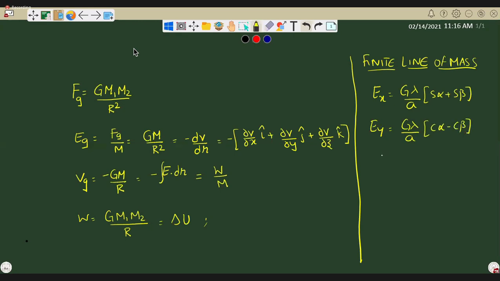Sir, in the book it is given as G lambda by A into cos beta minus cos alpha. That's okay. If you get a minus sign, the initial direction which you have taken is opposite to this. That's all. Understand?